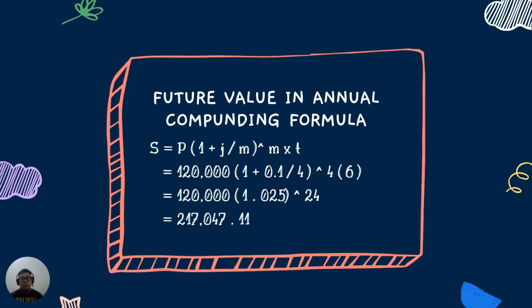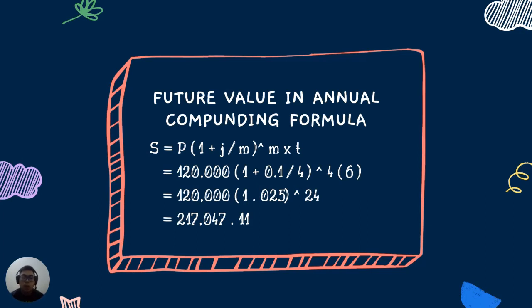So S equals the future value, S equals P, which is principal, open bracket 1 plus J over M close bracket to the power of M times T. We just need to substitute the values inside the formula. P equals 120,000 ringgit, which is the amount that Berjaya Company invests.